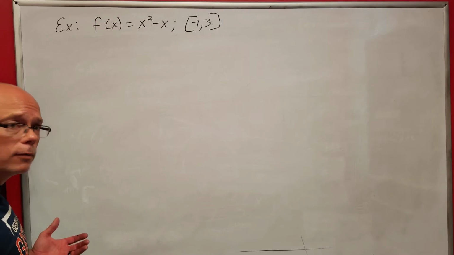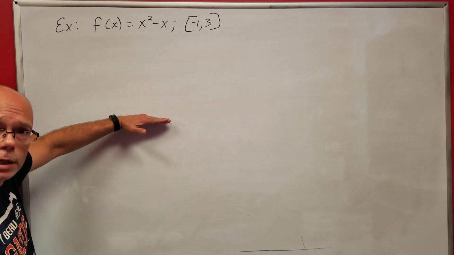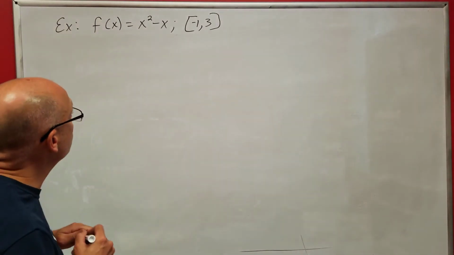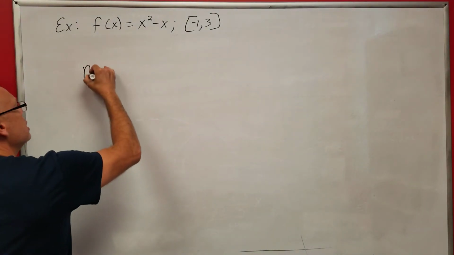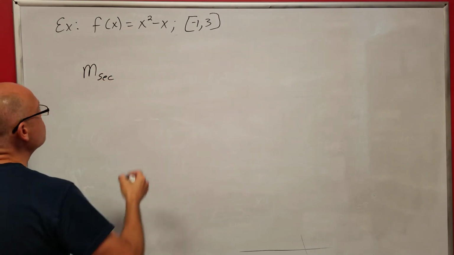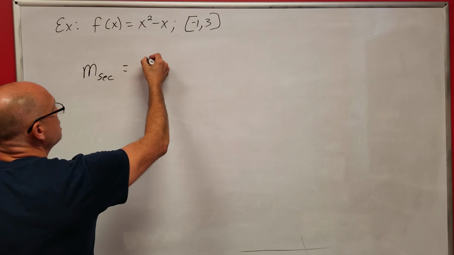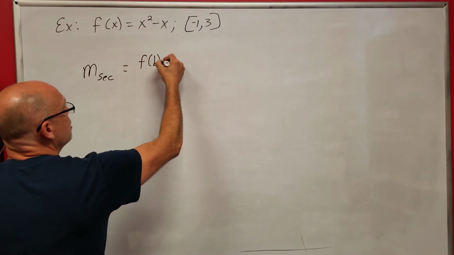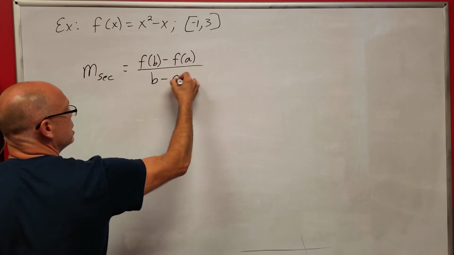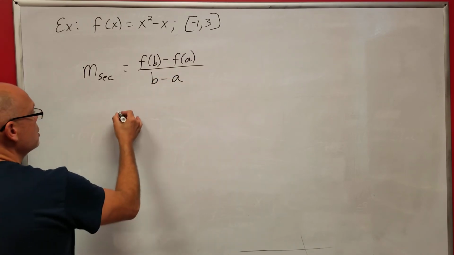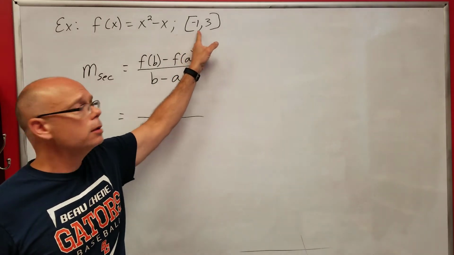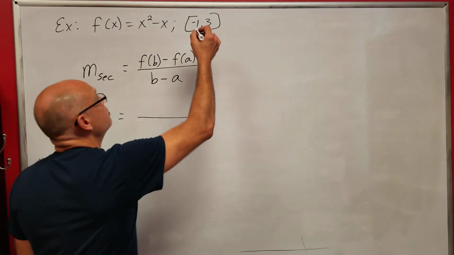Then they want us to find a value of c where the slope of the tangent line is equal to the slope of the secant line connecting those endpoints. So let's find m secant. What did it say? That is f of b minus f of a over b minus a. Well, a is -1, b is 3.